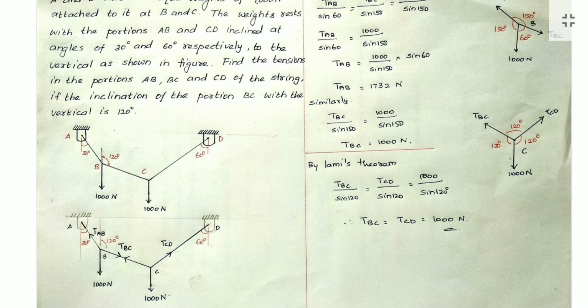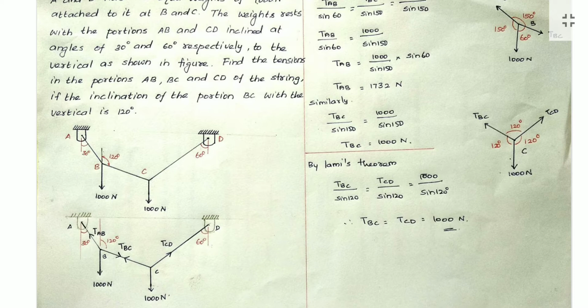And in the cable BC, the tension acts towards B to C. So see the point C. At the point C also, when 1000 Newton force is acting downwards, the tension in the cable CD acts towards C to D. And also in the cable BC, the tension acts towards C to B. So we have TBC and TCB.